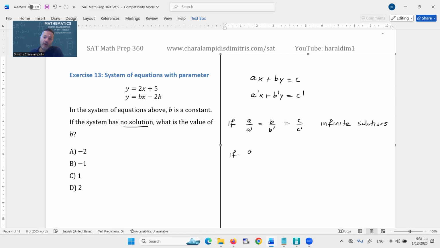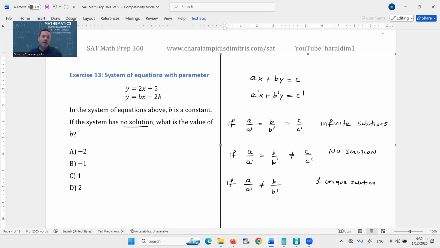If a over a prime is equal to b over b prime, but both are different than c over c prime, then we have no solutions. And finally, if a over a prime is different than b over b prime, without even caring what the ratio c over c prime would end up, we say that there is one unique solution.